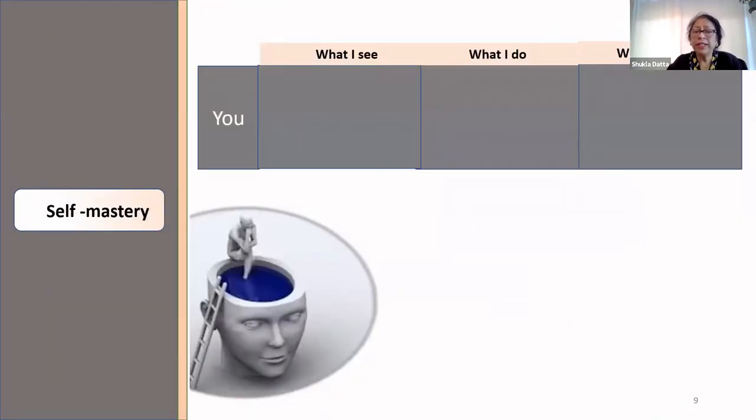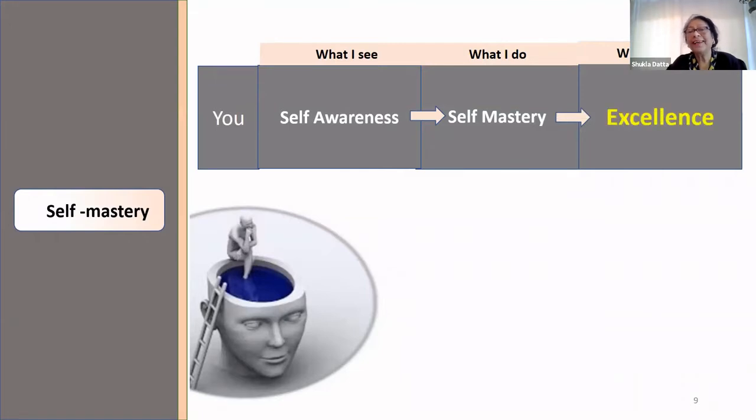Self-mastery. So you see, self-awareness is: I know where I am now. That leads me to self-mastery, and that is what I have to do. And then both of them lead us to excellence. So let's go to the next slide.